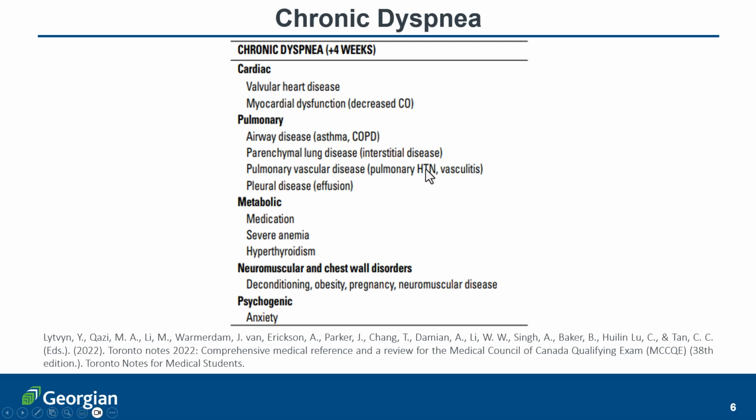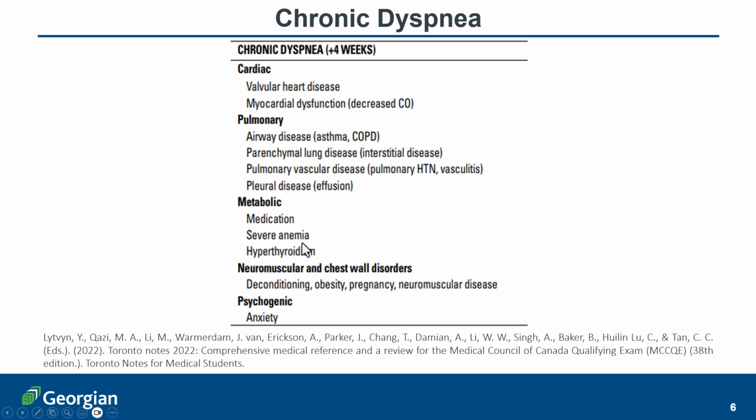Pulmonary embolism, PE, would cause acute dyspnea, not chronic dyspnea. There are also various medications, and more importantly, severe anemia can cause chronic dyspnea as your body becomes short of oxygen.